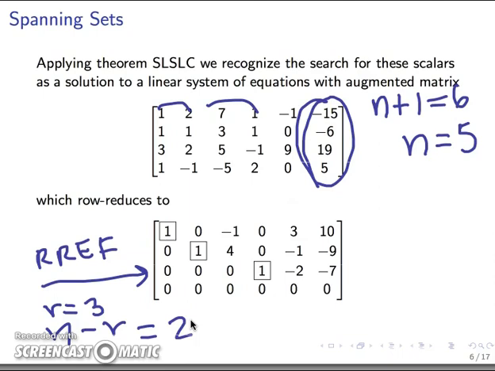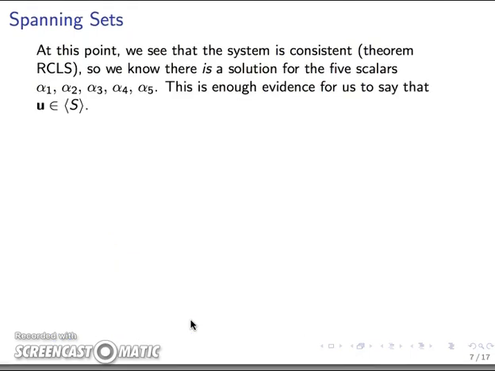Thinking on these problems, finding values for the scalars is analogous to finding a solution set. This is the case in which the solution set contains infinitely many solutions, so we just need to identify the free variables, take some values for these free variables, and then compute the dependent variables in terms of those selected values. That's what will give us a particular choice of values for the scalars.